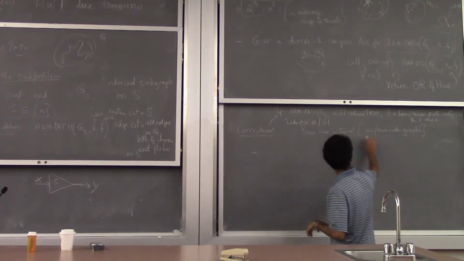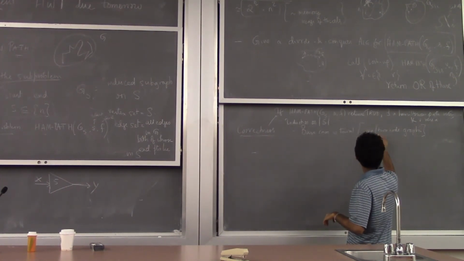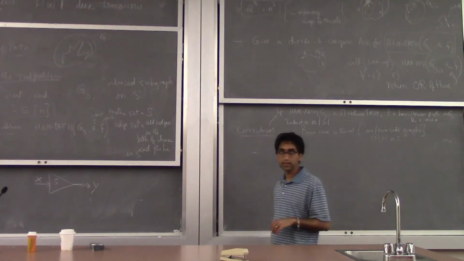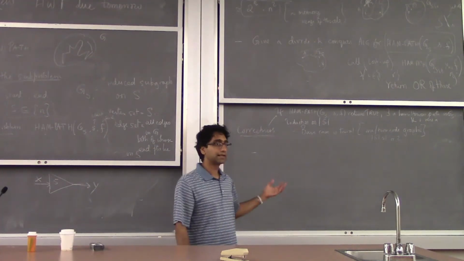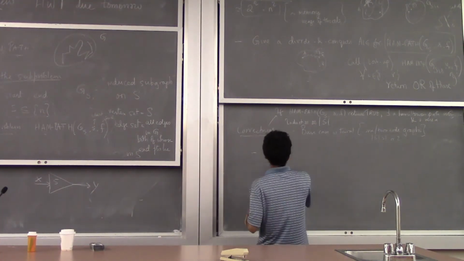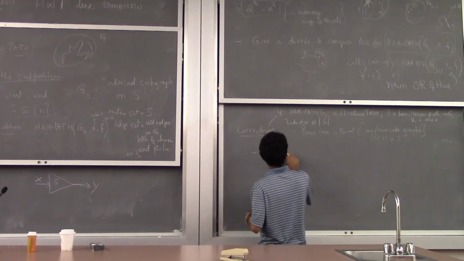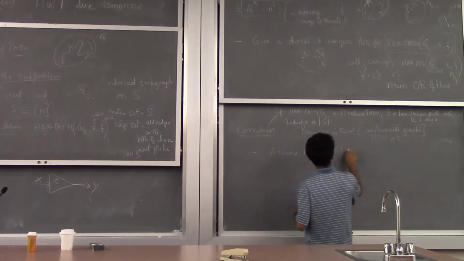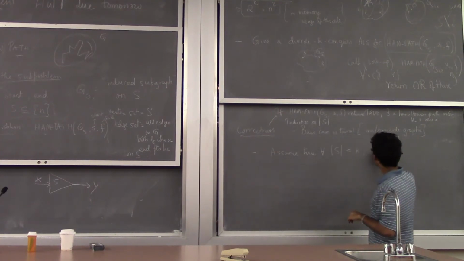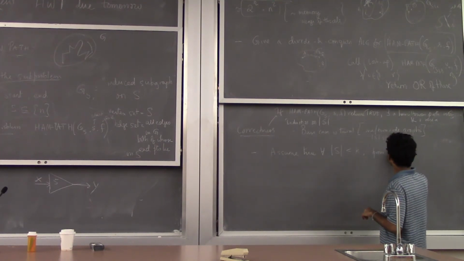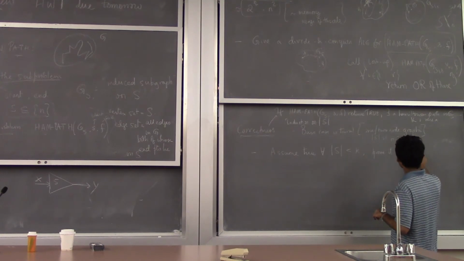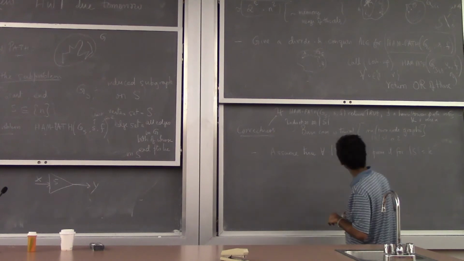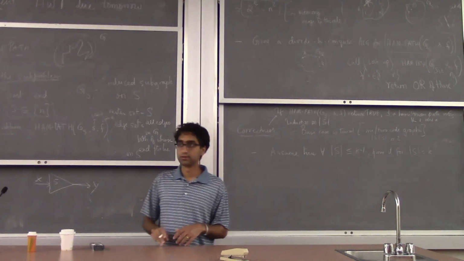Okay, and the base case is trivial. These are size of S equals 1 or 2. And now the inductive step is clear, right? So you say that assume true for all size of S less than k and prove it for size k.